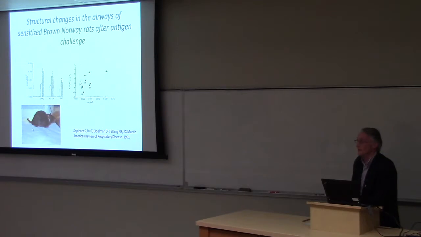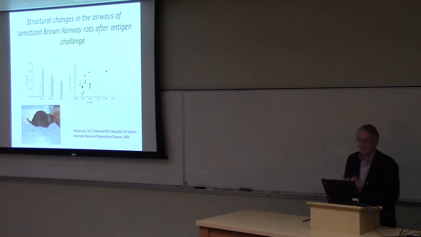So now to go back a little in time to explain to you how we have worked on the issue of muscle growing within the airways. Back in the early 90s, we identified a rat that was the best model of being atopic, in other words, the tendency to sensitize to allergens.